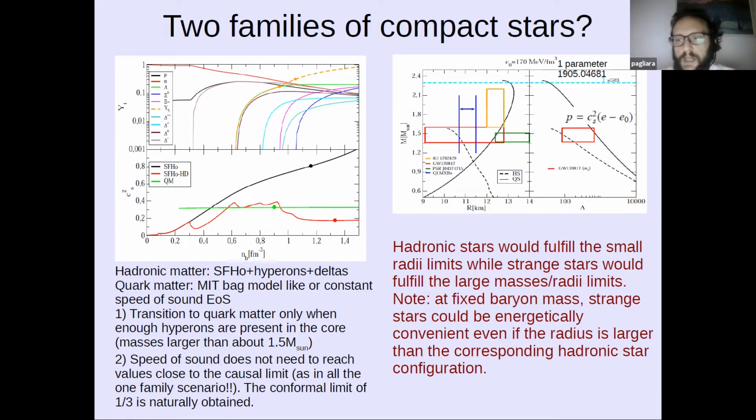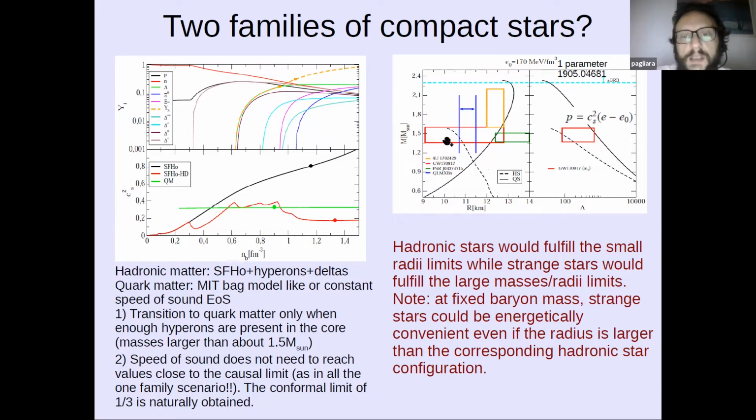So what we are saying is that there could exist 2 families of stars. One is made of hadronic stars, in which also hyperons and deltas could form. And we don't care about how much those particles soften the equation of state, because on the other hand, under the hypothesis of absolute stability of strange matter, we are assuming that the second family of stars exists, which is the family of quark stars.